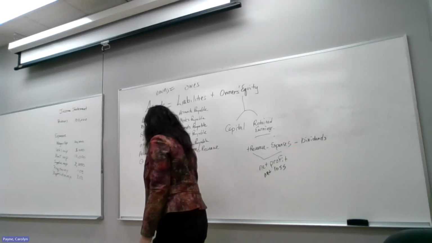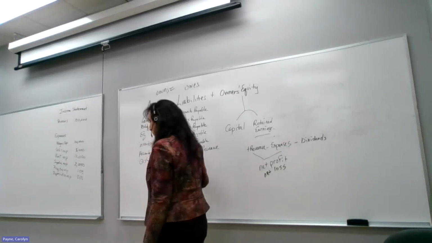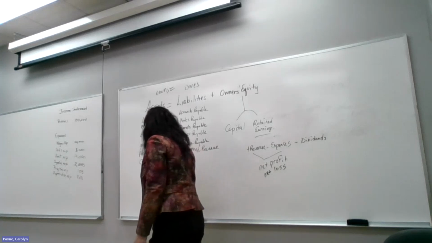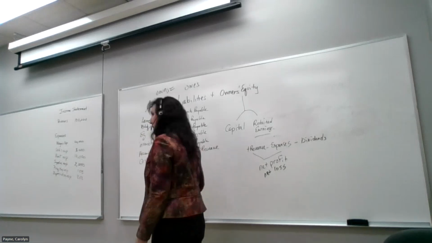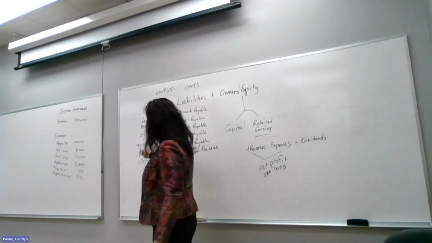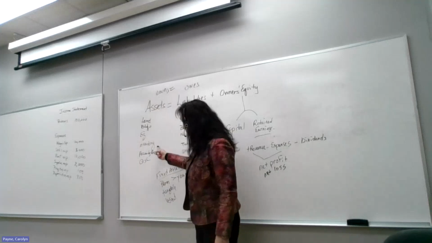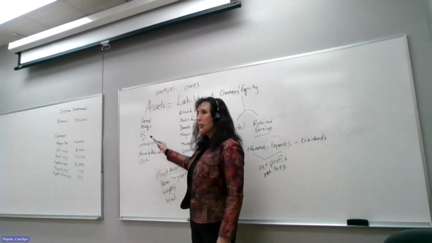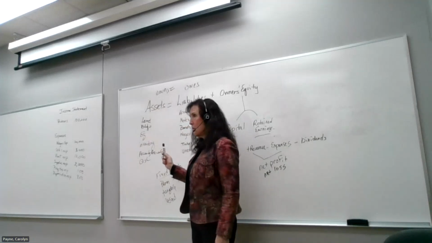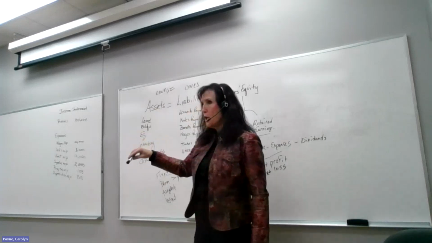They're tangible, which means I can touch them, and they're being used in the business. That's a fixed asset. So things like land, buildings, equipment, those are fixed assets. Now we don't say inventory, even though inventory is tangible, because it's available for sale. We're not using it, so it's laying on the shelf. It's not being used up.